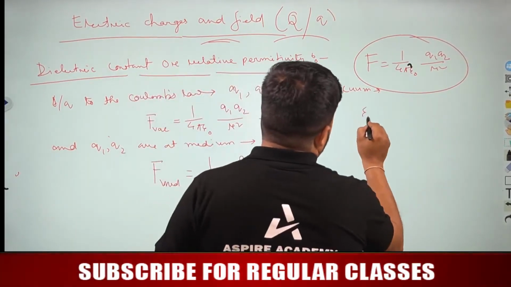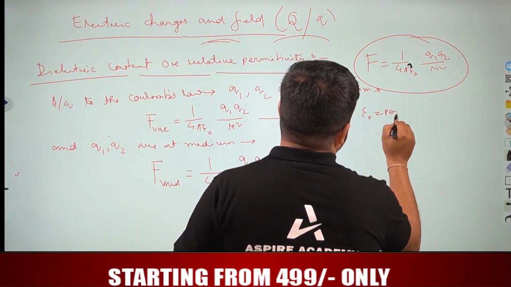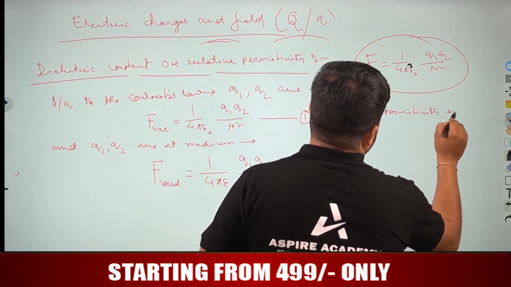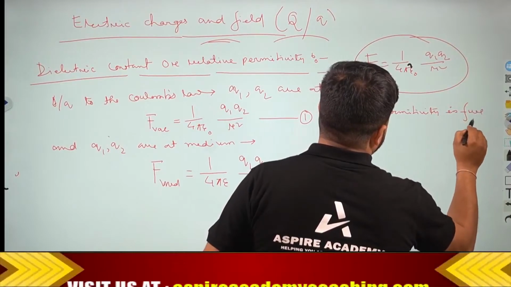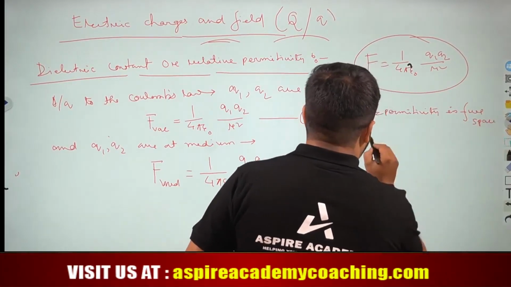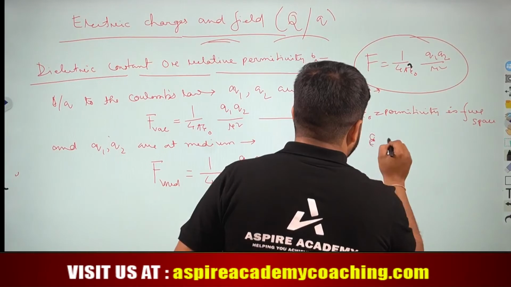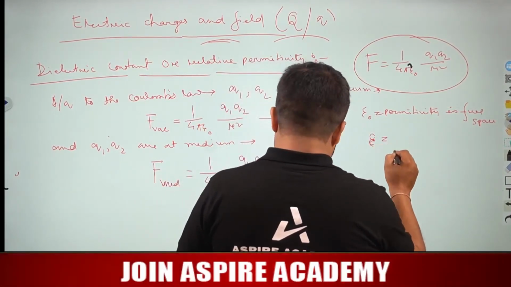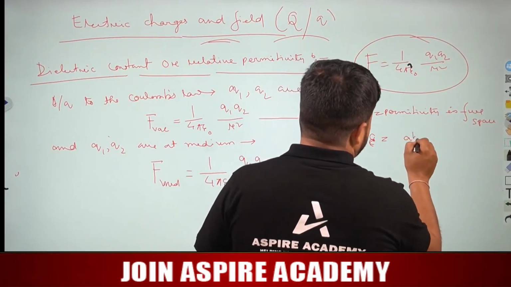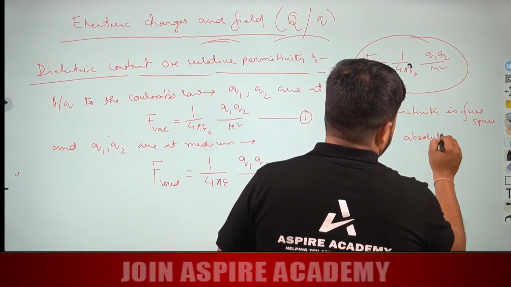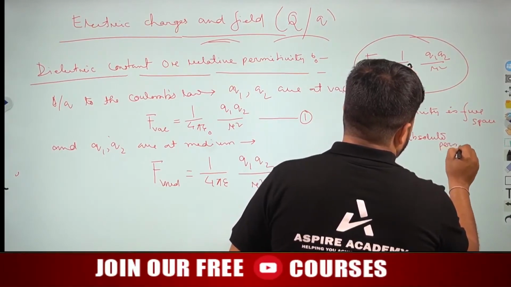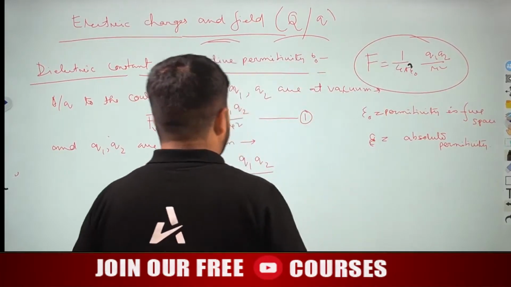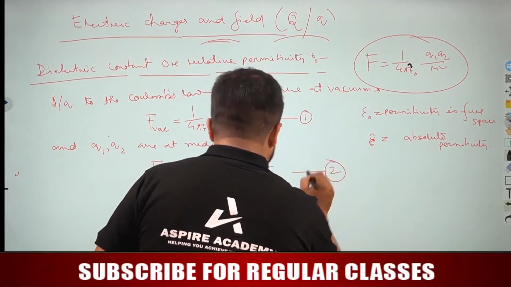So epsilon naught is the permittivity in free space, and epsilon is the absolute permittivity, or just permittivity. This is equation number 2.